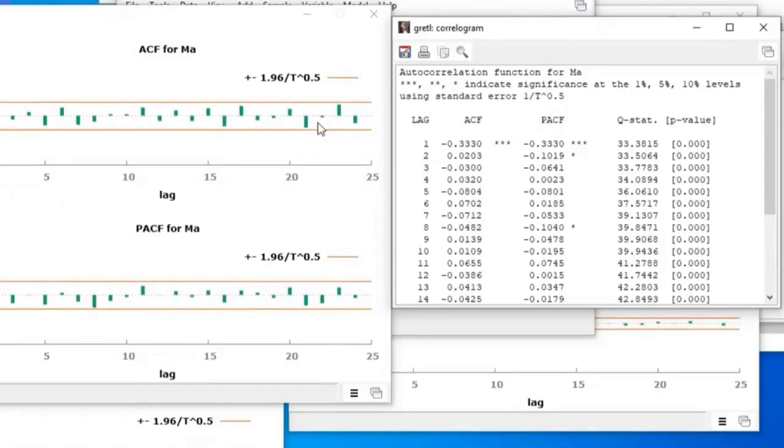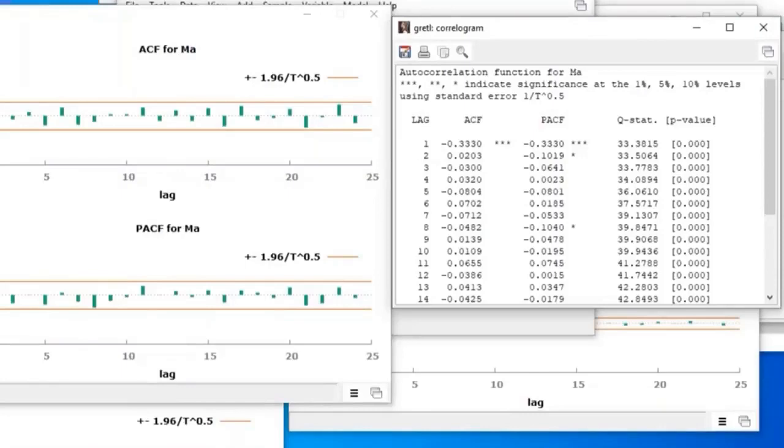Sir, for a process to be called an AR1 process, the ACF has to be fast decaying. And the PACF for an AR process, now see, I shall explain. For an AR process, with ACF fast decaying, the number of significant spikes in the PACF will tell us the order of the AR process.